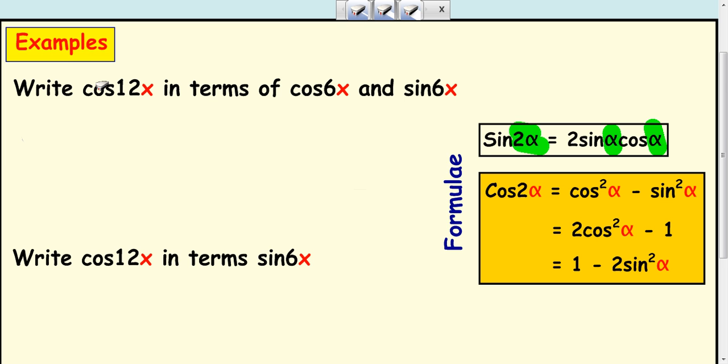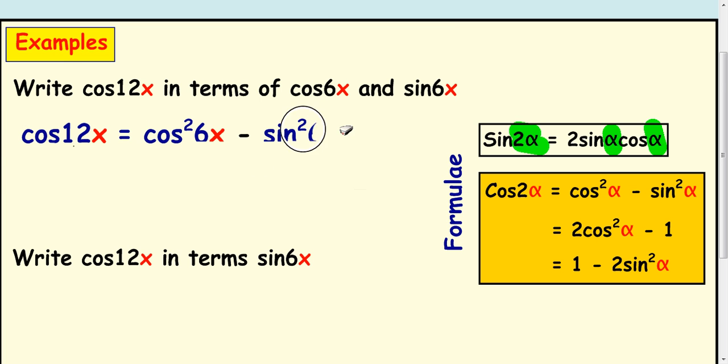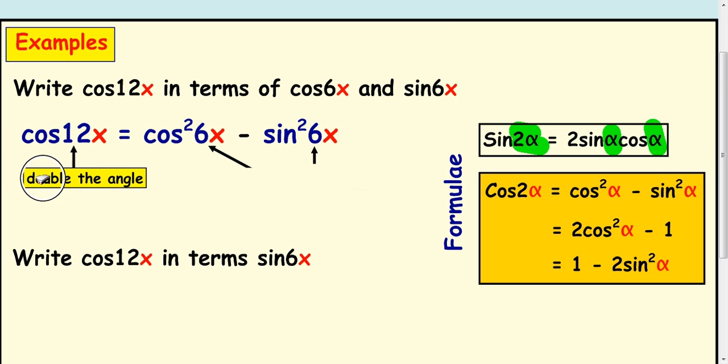So if we want to write cos 12x in terms of cos and sine, we have to choose which one of these represents cos and sine, and that would be the top one here. So cos 12x is going to be equal to cos squared 6x minus sine squared 6x here. So that's to double the angle, and this side's half the angle.